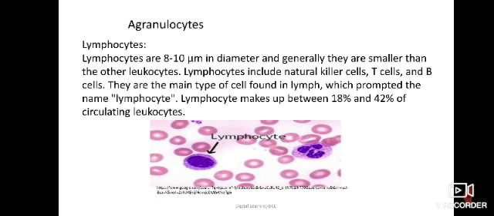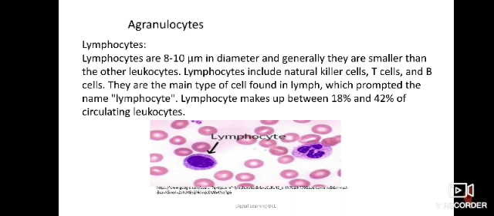Now let us learn about the agranulocytes. They are lymphocytes. Lymphocytes are 8 to 14 micrometers in diameter, and generally they are smaller than other leukocytes. Lymphocytes include natural killer cells, T cells and B cells.